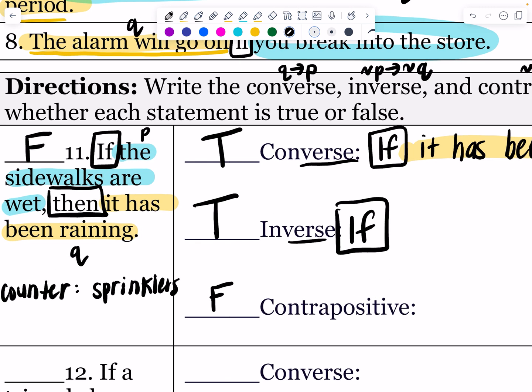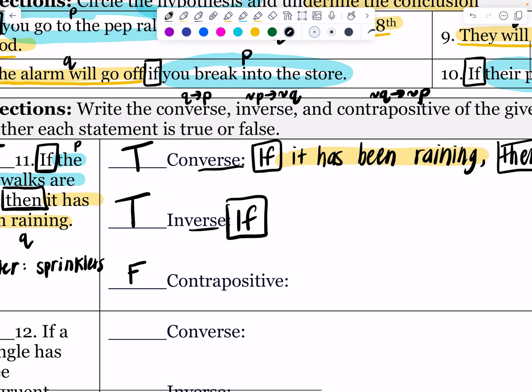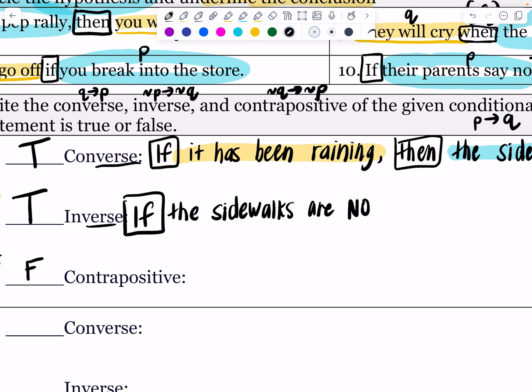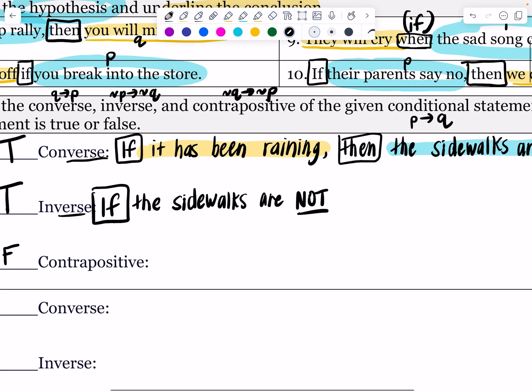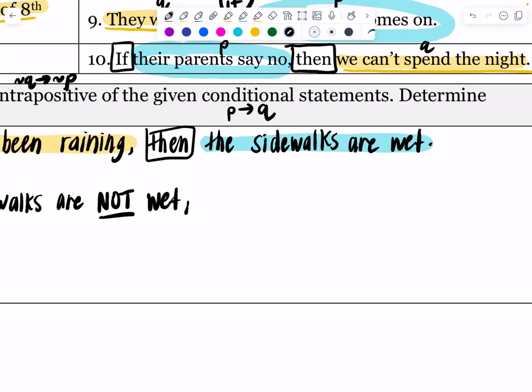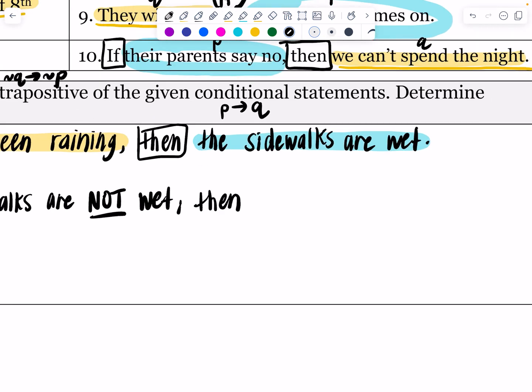So what was our original blue? The sidewalks are wet. We're going to say if the sidewalks are not wet, so we just did the negation, meaning we made it the opposite. If the sidewalks are not wet, then not yellow, then it has not been raining.